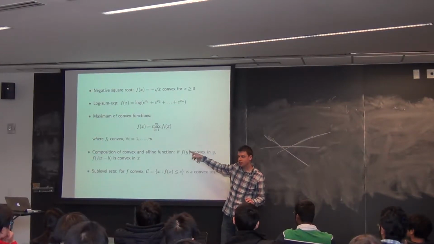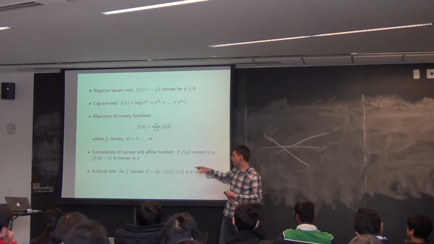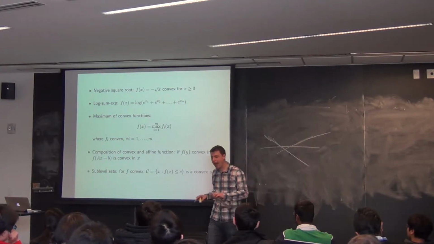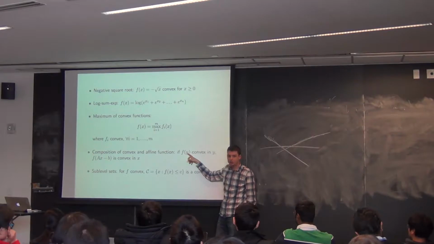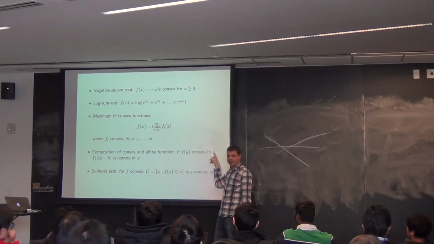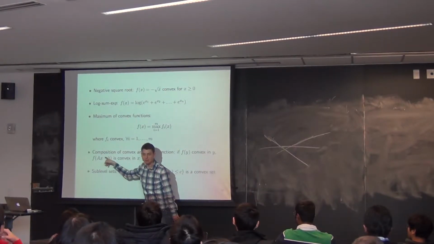Similarly, you can compose convex functions with other functions. And the rules are actually a little bit more general than this, but a simple rule is that if you have some function f of y, which is convex in y, then you can take an affine transformation of some other variable x, like ax minus b.